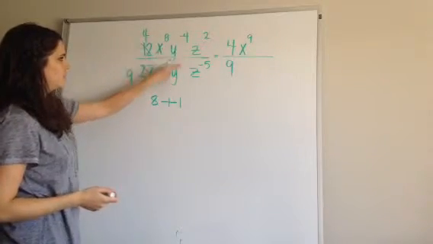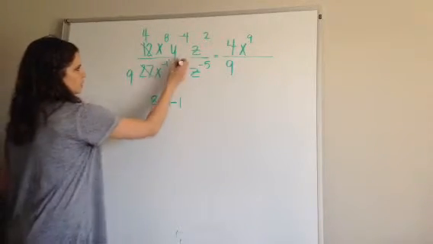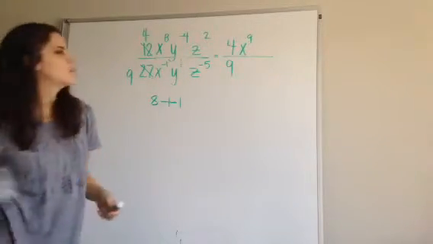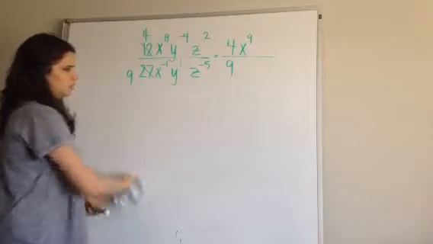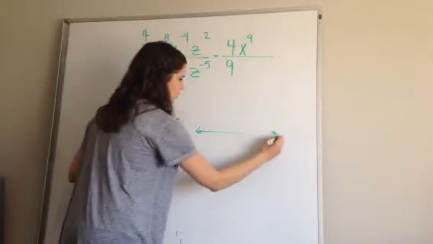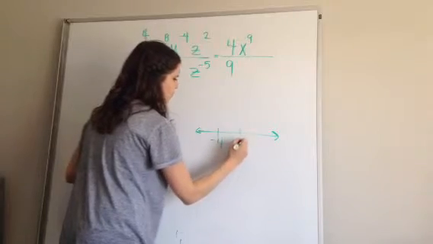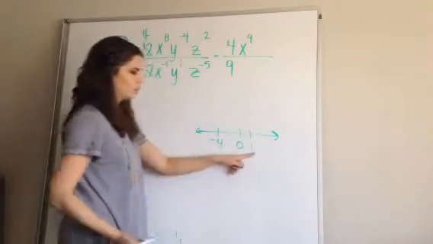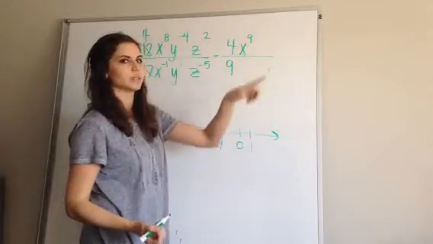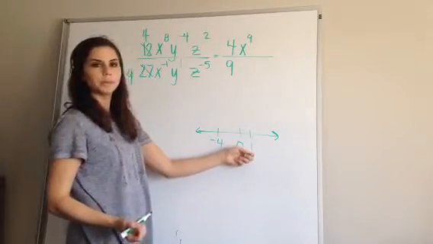Okay, negative 4 and 1. This is an invisible 1. So what's bigger, negative 4 or 1? 1 is bigger because on the number line, negative 4 would be over there and 1 would be over here. So basically it's saying on a number line, which one would be furthest to the right? Well, 1 would be.